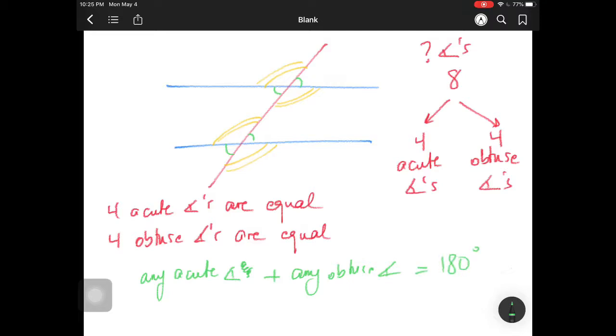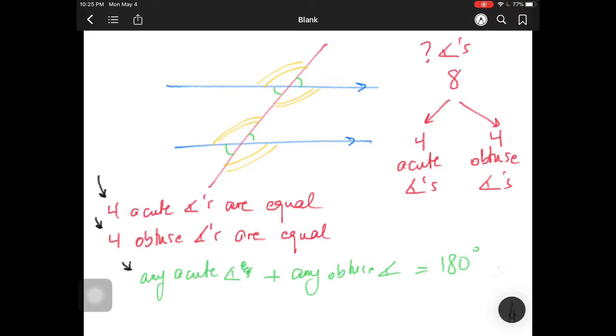Now, of course, we're talking about this figure. What is special about this figure, as I said in the beginning, is that these two lines are parallel. So whenever you have two parallel lines and a third line intersects, you need to know these three things. The 4 acute angles that are formed are equal. The 4 obtuse angles that are formed are equal.